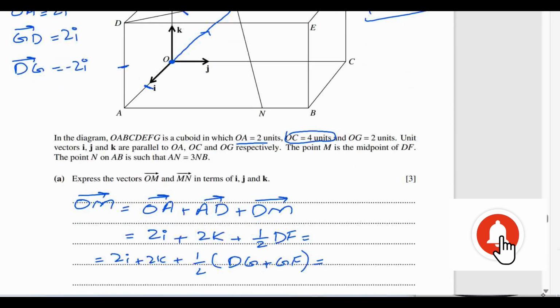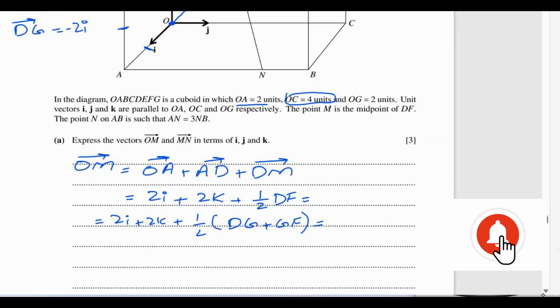So this will become 2I plus 2K plus half of (minus 2I plus 4J). So this equals 2I plus 2K minus I plus 2J, because we multiplied the half inside.